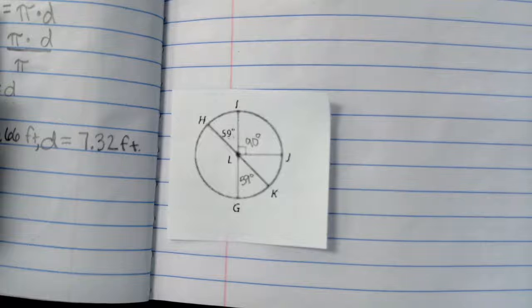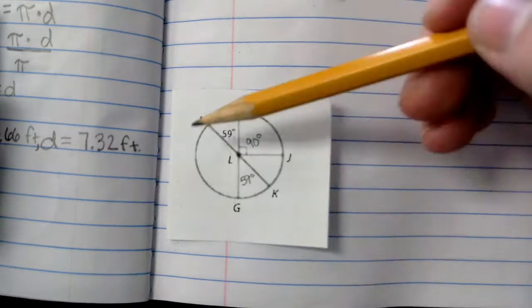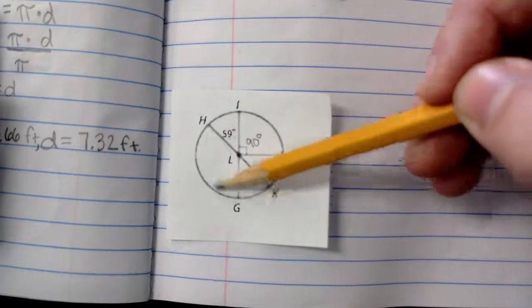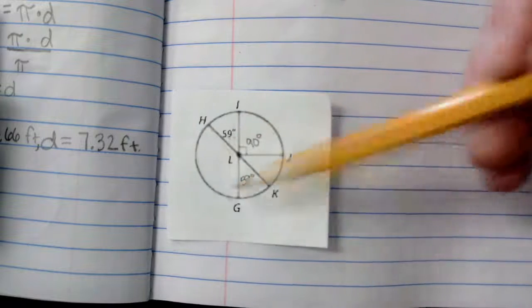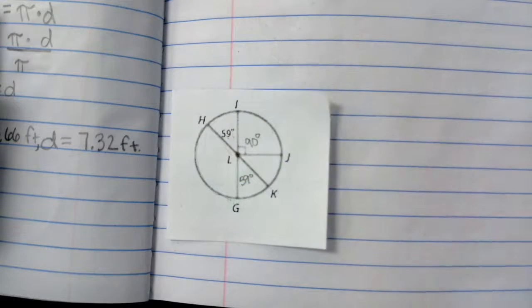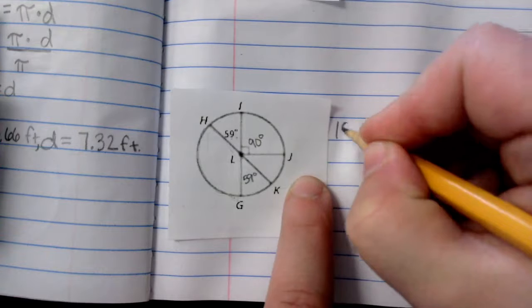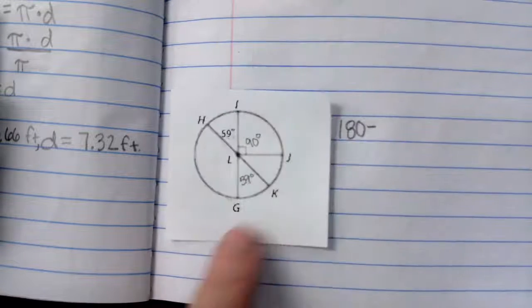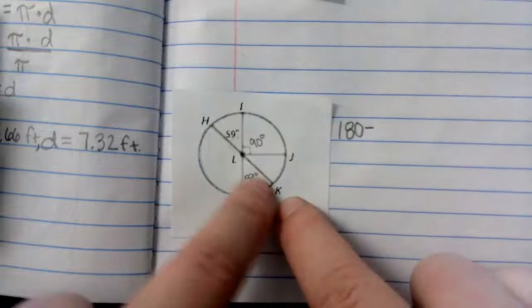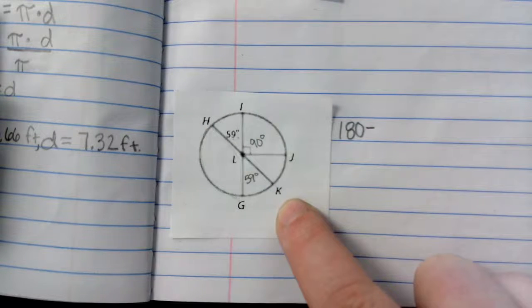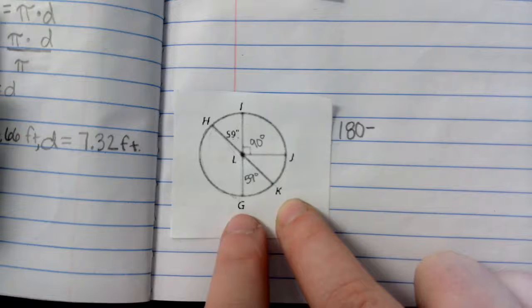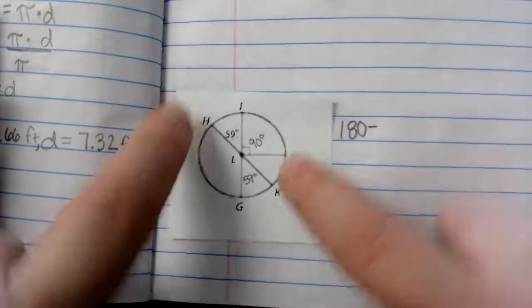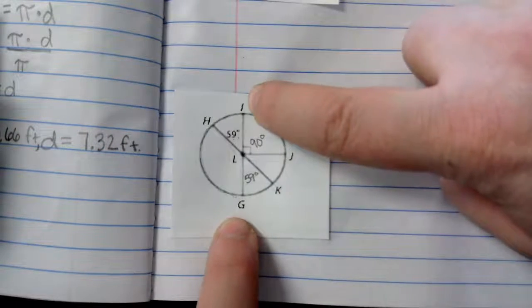Are you thinking HK is the 180 or IG? IG? Okay. So this is our 180. So we're going to take that 180 minus the 59, and we get 121.